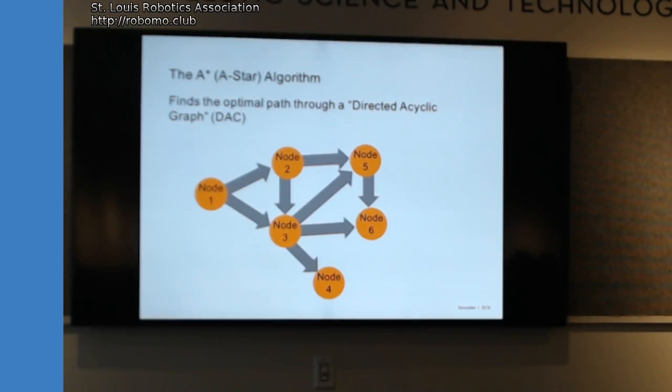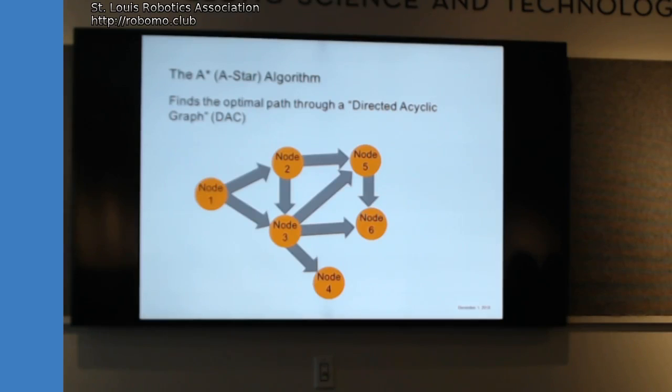And the A star algorithm finds an optimal path through a directed acyclic graph. So if you remember back to your math, your geometry days, the graph is just a connection of nodes with link paths between the nodes. And a directed acyclic graph means you can go from 1 to 2, but not from 2 to 1. There's a direction in your travel that you specify. And acyclic means there aren't cycles.